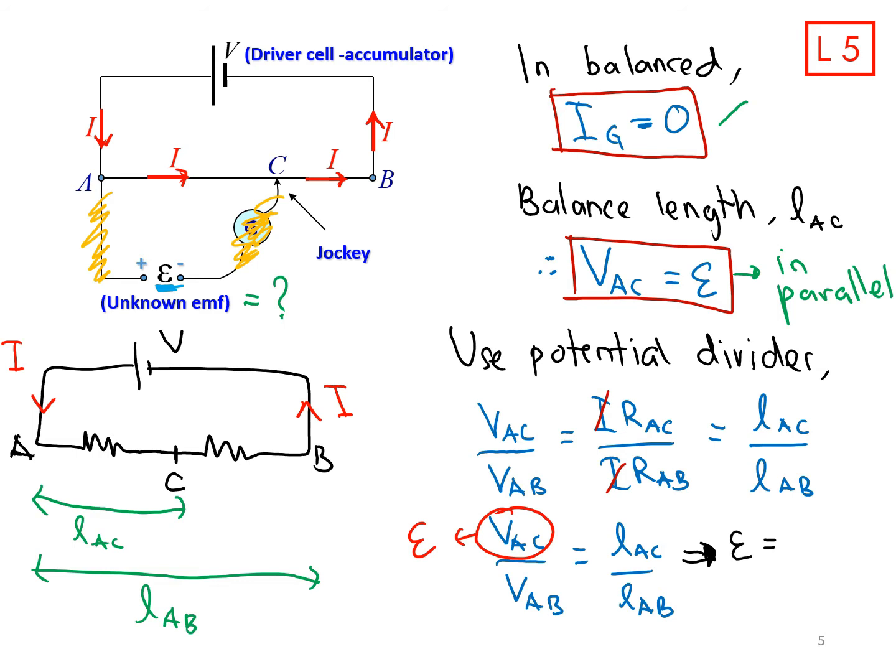This is LAC over LAB multiplied with VAB, and your VAB is equal to this V right here, the concept in series. That's it. Simple. Method 1 and method 2 are the same steps, but this one is simpler.